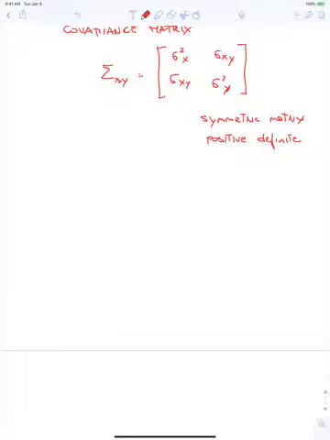Now, there is another important property that is probably the most important property in practical applications when we deal with multiple random variables, and it is the correlation coefficient.